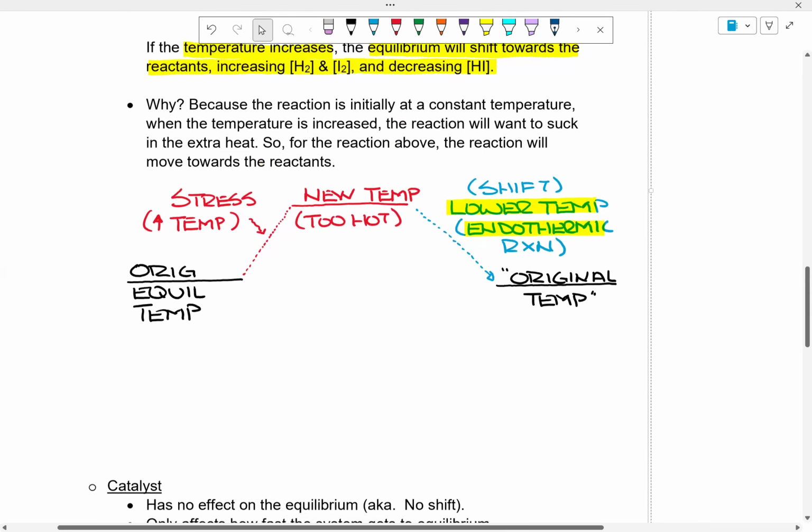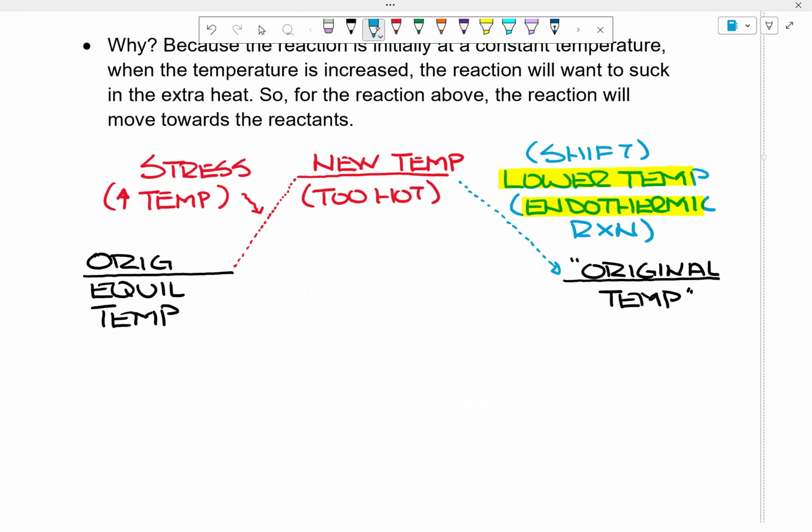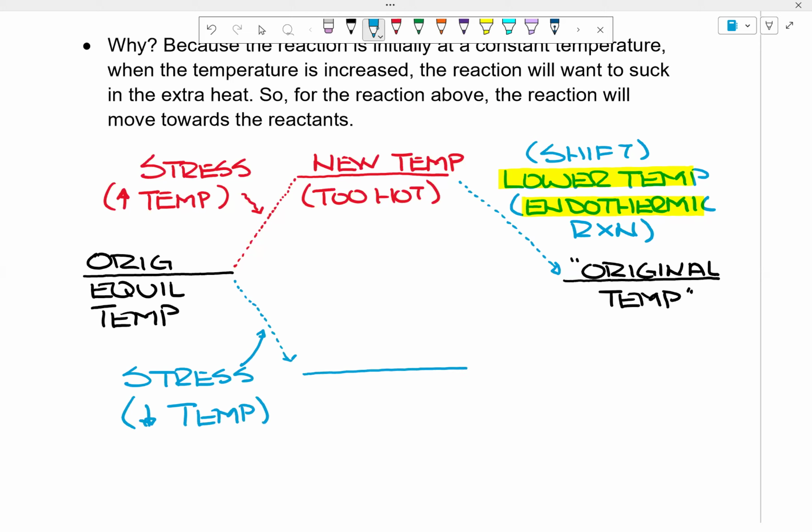Now, conversely, if we were to use this rationale, let's say in this particular case, my stress here is I decrease the temperature. And what you have is the new temperature is too low.